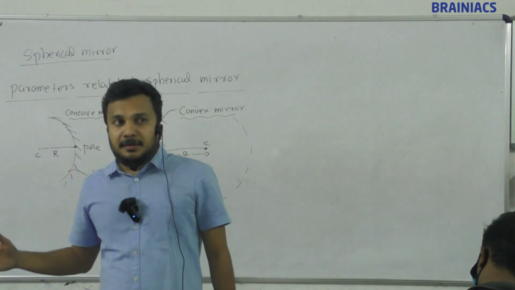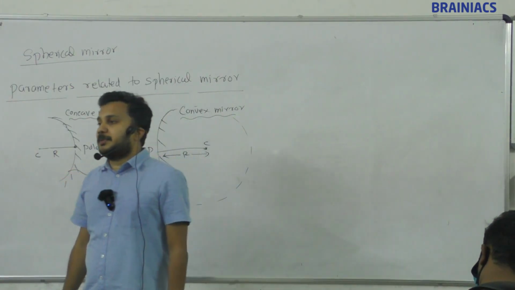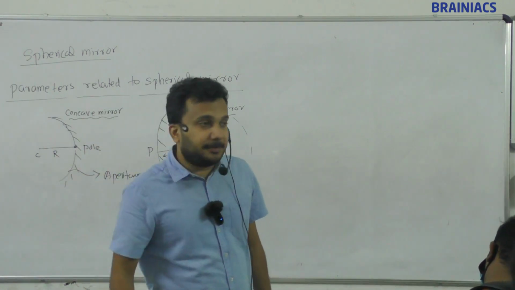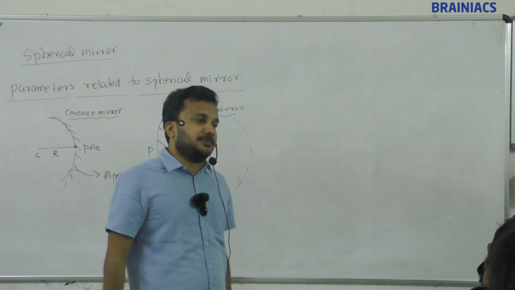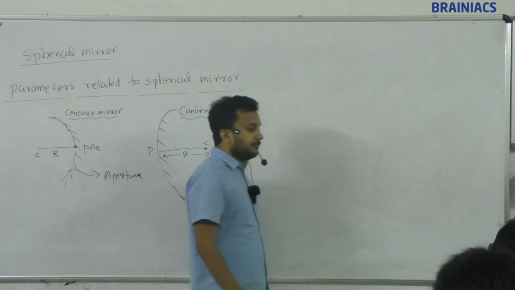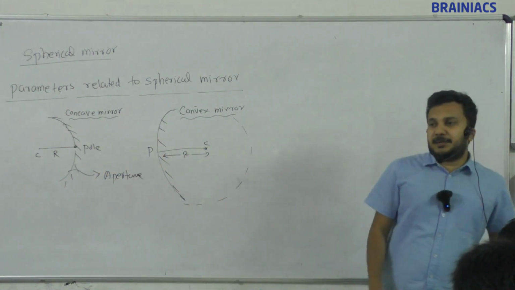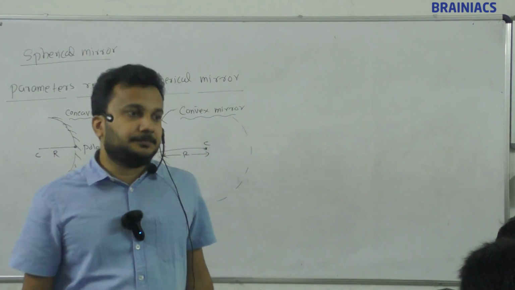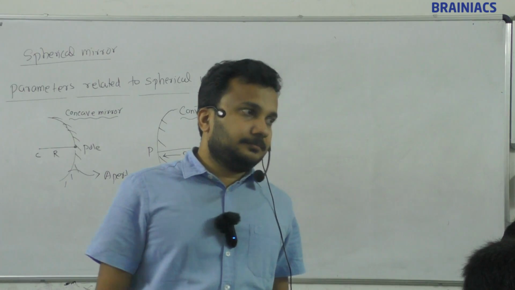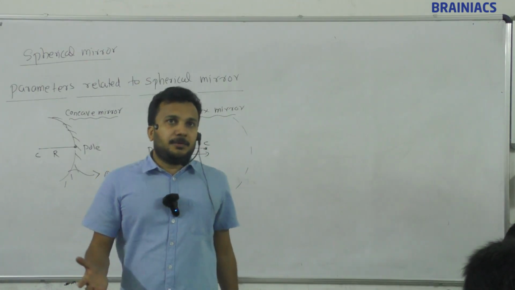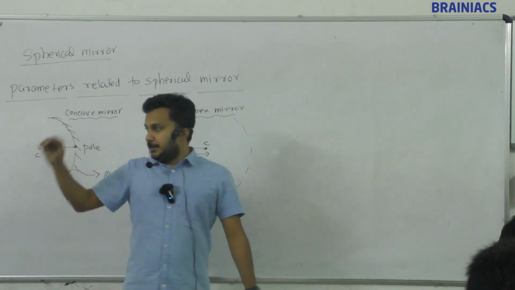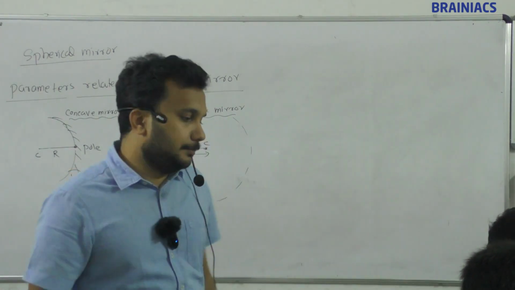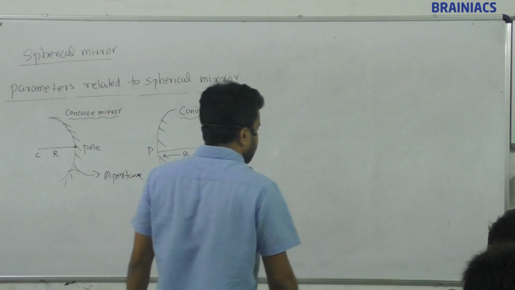The measurement of height above the principal axis is positive. Below the principal axis is negative.